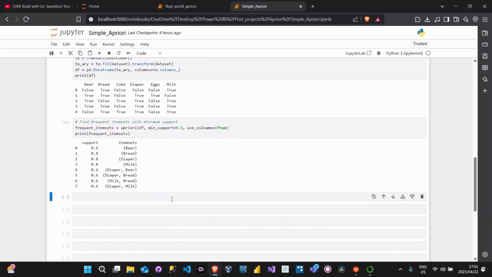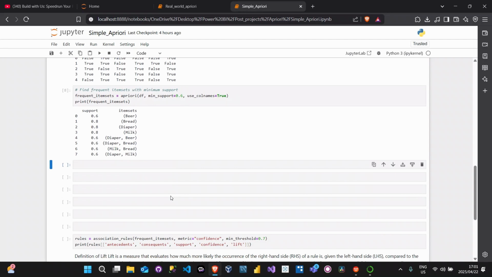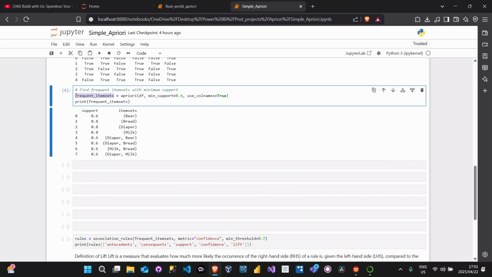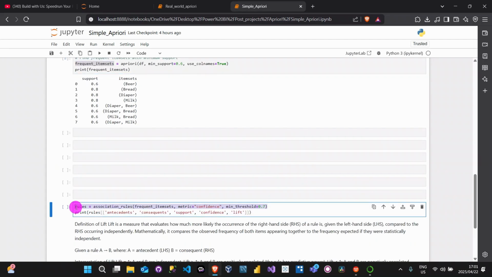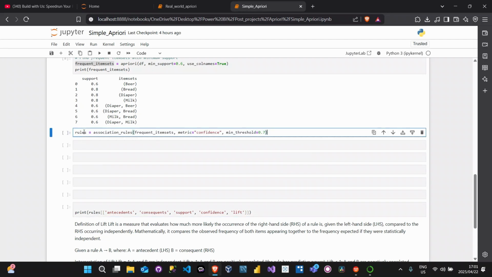So the next process is actually applying the apriori, the association rules, to our dataset. And which dataset? We are now using the frequent item sets to say, let us apply the association rules to what we have identified as our frequent item sets.